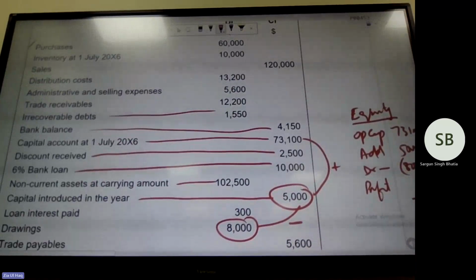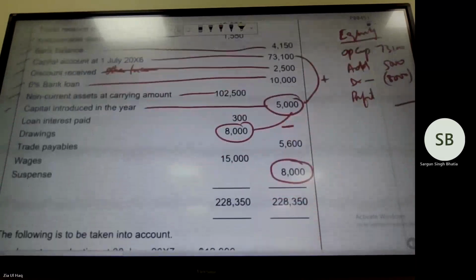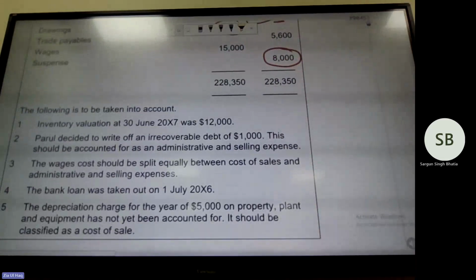Purchases, opening inventory, cost of sale, sales, distribution expenses, admin expenses, trade receivables, irrecoverable debt expense, bank balance, opening capital, discount received, other income that you need to add after deducting expenses, non-current liabilities, non-current assets, these we have discussed. Closing inventory is 12,000, should be deducted from cost of sale and recorded as a current asset.